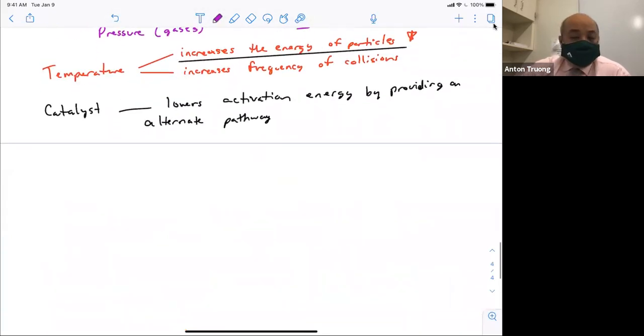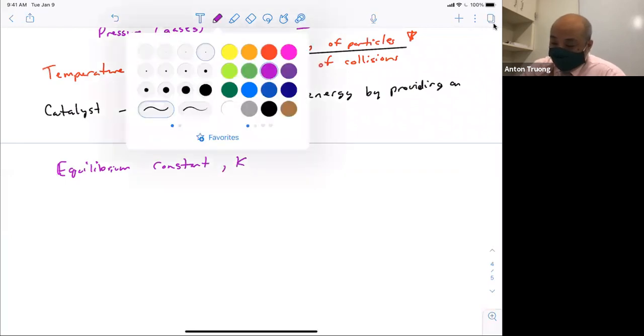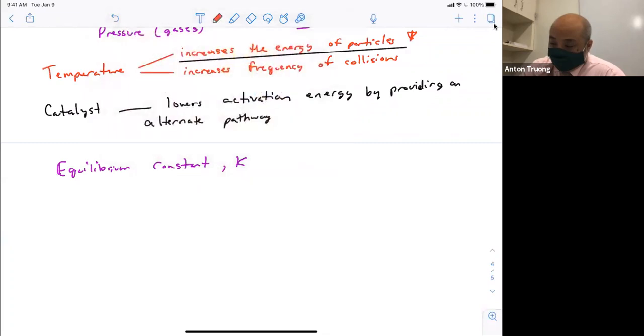We will talk about equilibrium more in 5th period, but just in case people can't get there. Talking about the equilibrium constant, K, and the reaction quotient, Q. Okay.